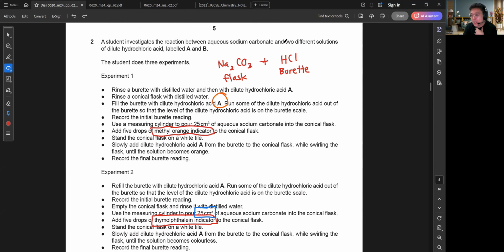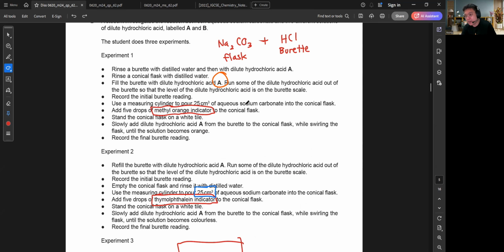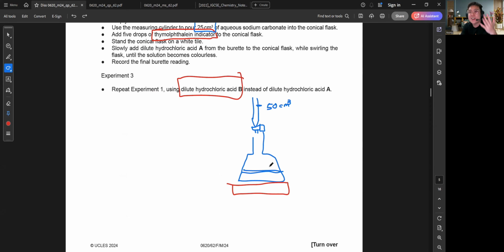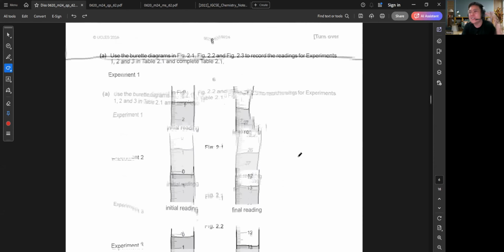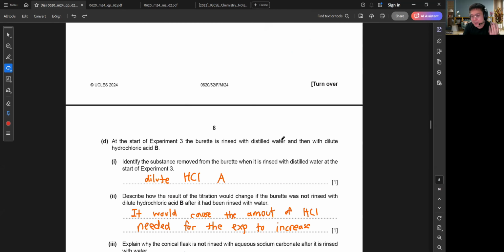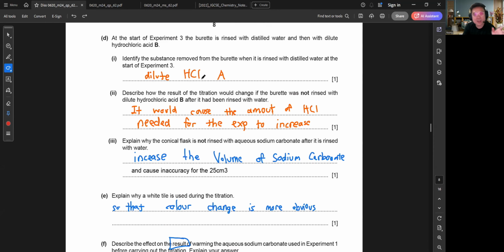So you see here, I write HCl in the burette, and clearly at first it's HCl A. So we are trying to wash HCl A out of the burette because that's the only thing that's in the burette. So you just write dilute hydrochloric acid A, but please write this in full name in the exam. Don't write short form.